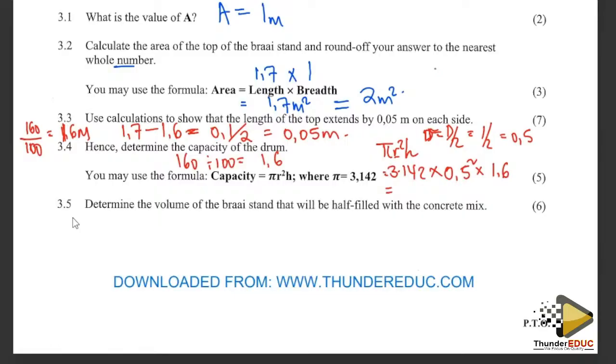So 3.142 and 0.5 squared times 1.6. This is in meters, don't forget, it's in meters cubed. Meters cubed.